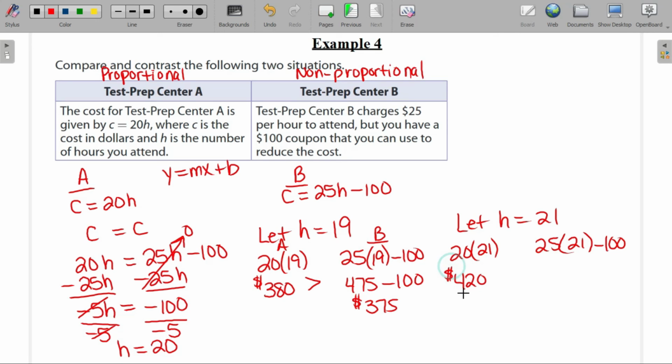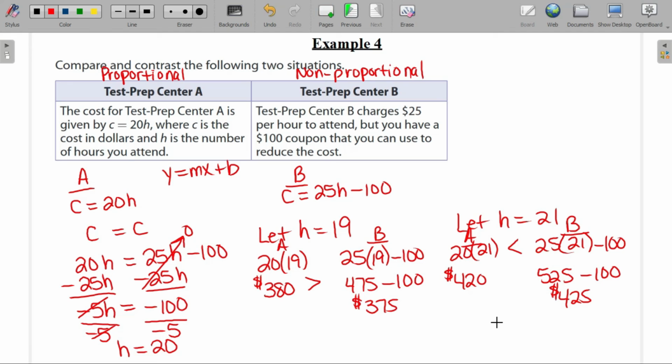So at 21 hours of test prep and instruction, it's going to cost $420 at Center A. Now, for Center B's cost, we take 25 times 21, which is 525, minus that $100 coupon, and that's going to be $425. So at this point, this is A on our left, and this is Test Prep Center B on our right. We see that 420 is less than 425.